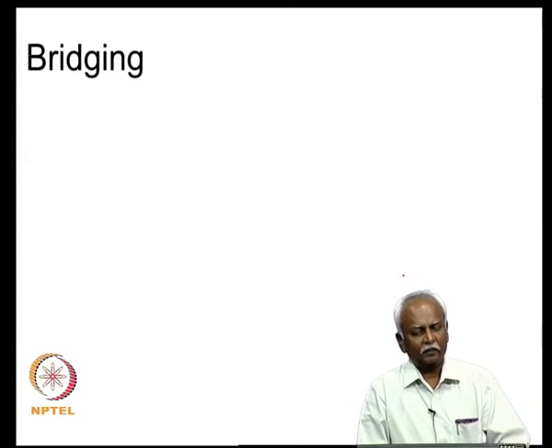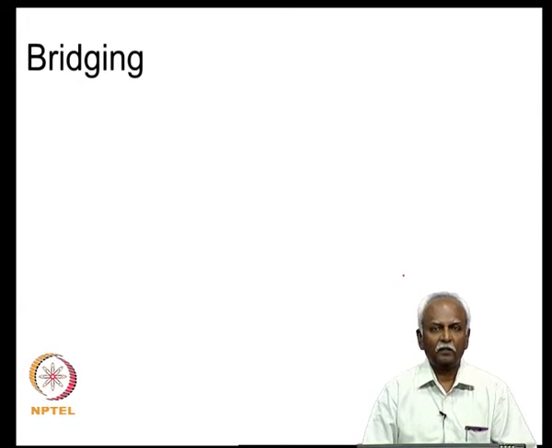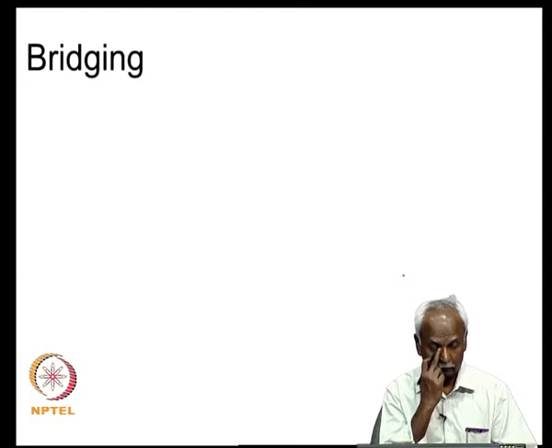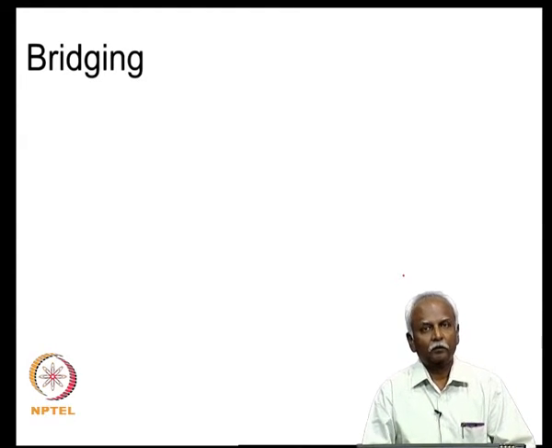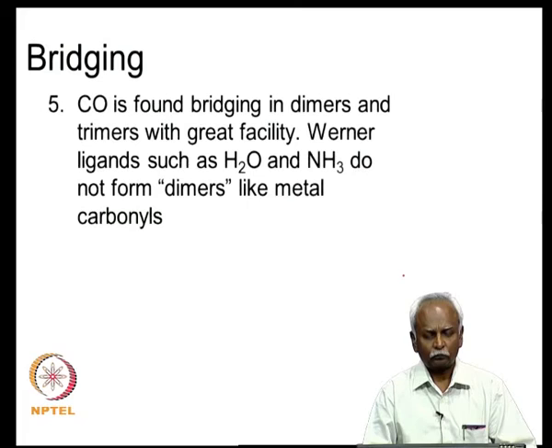So, another aspect which I mentioned when I talked about polynuclear systems is the fact that you can have bridging carbon monoxides. The fact that you can have bridging carbon monoxides is again a unique factor which is not found in classical coordination chemistry.